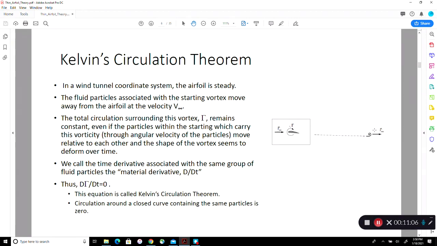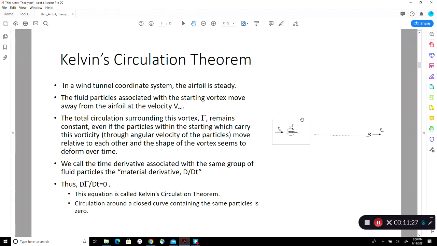In an airplane situation, this particle just stays put. The airfoil moves away from it at a velocity of v infinity from left to right. So whether you do it in the wind tunnel coordinate system or in an airfoil coordinate system where the airfoil is moving, either way you get the same picture.